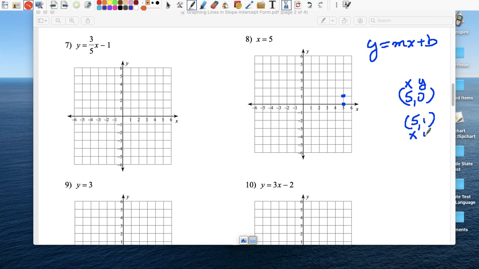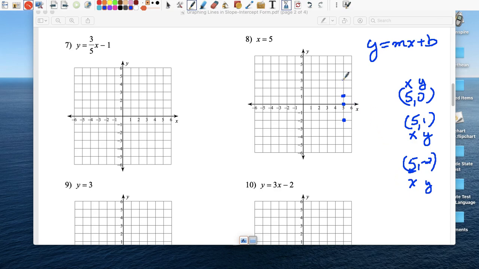The x is 5 and the y is 1. Give me another point where the x is also 5. Well, right here. What point is that? 5 and negative 2. Look, x, y, and x is also 5.